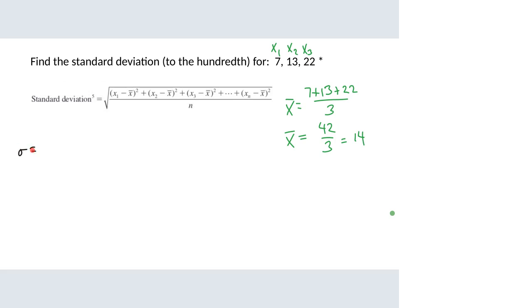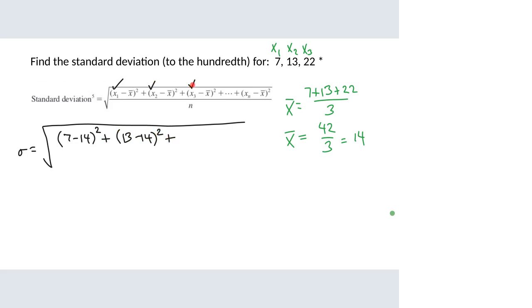My standard deviation is going to be the square root of x sub 1, which is 7, minus the mean squared, plus x sub 2, which is 13, minus the mean squared, and then x sub 3, which is 22, minus the mean squared, all divided by 3 because I have 3 data points.